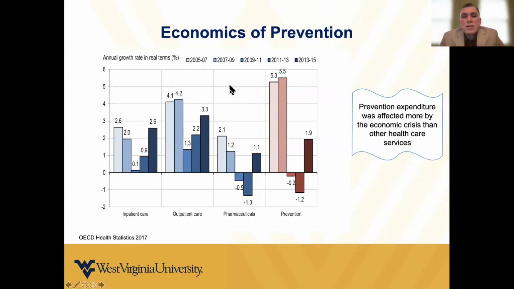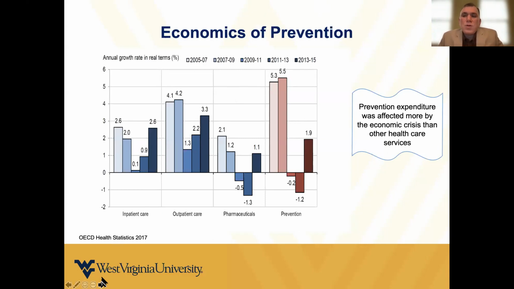If you look at that time, for inpatient care and outpatient care, there was not much of a change. But if you look at pharmaceuticals and prevention, clearly they were affected more by the economic crisis. So this goes to show that when there is a resource allocation decision, somehow prevention takes the back seat.